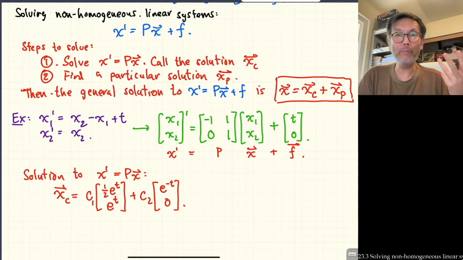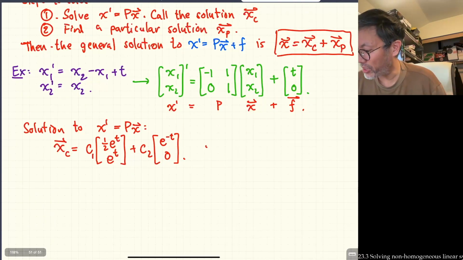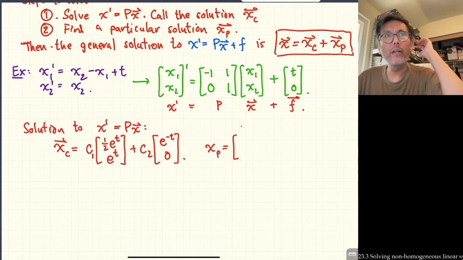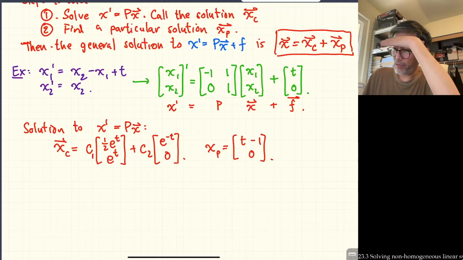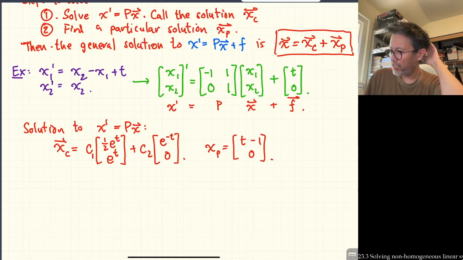That's my x sub c. Now, what's an x sub p? I don't expect you to find this or know how to do this either. I'm just going to tell you what it is. X sub p is going to be t minus 1, 0. Okay, t minus 1 times 0. So in other words, when I plug this in, t minus 1, 0 plus 1.